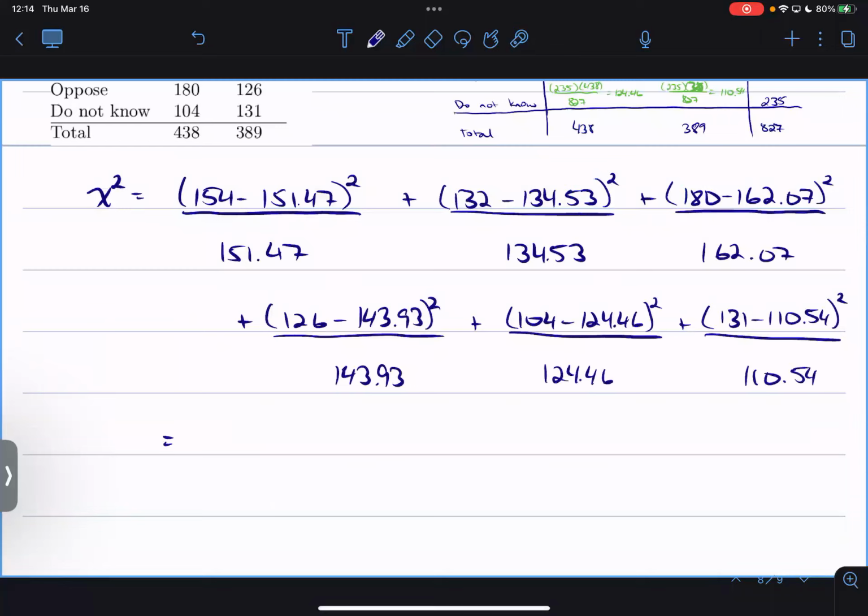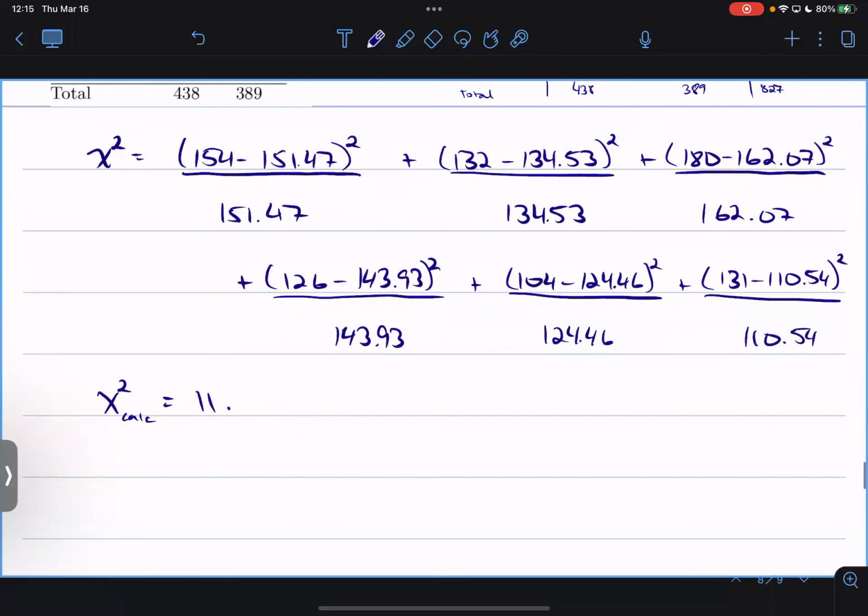Phew. Chi-squared. Sometimes I put a little calculated here to remind myself that this is the one I calculated. 11.4574678.5 is what I have in my notes. So I've calculated my test statistic.